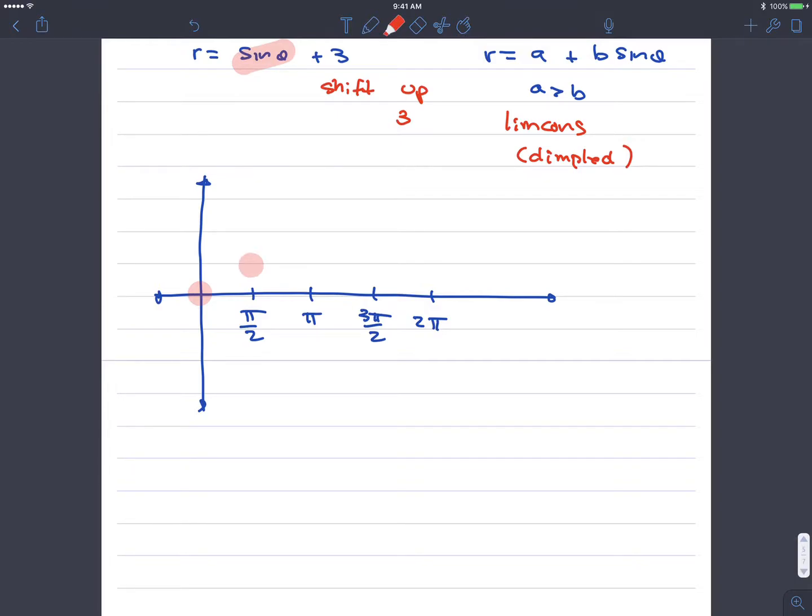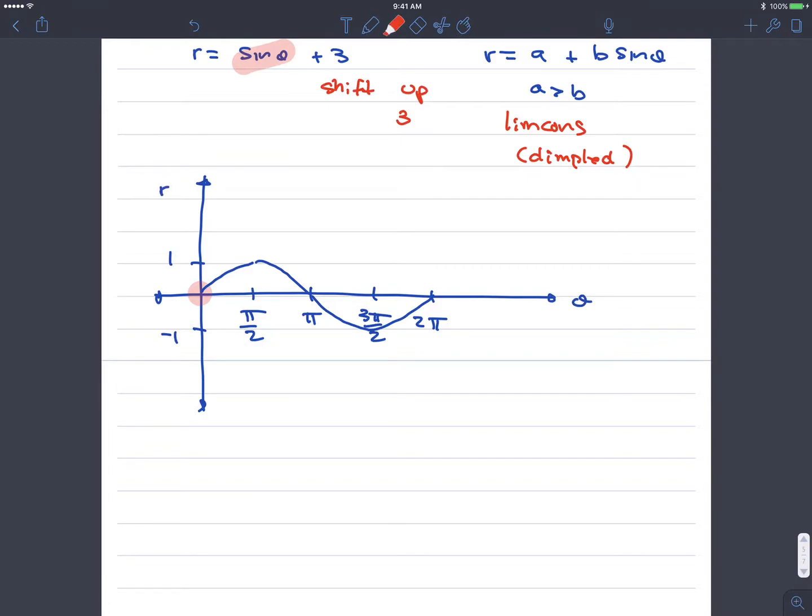Go up 1, down 1, back at 0. So sine goes up, then back down at pi, 3 pi over 2, then back to 2 pi. There we go. Theta, this will be r.